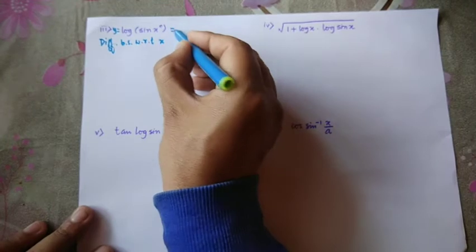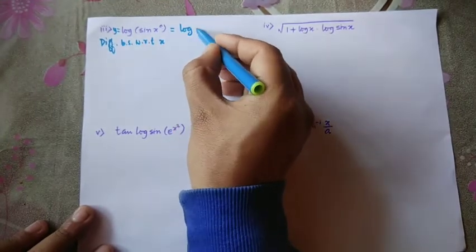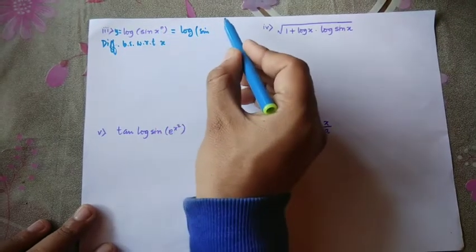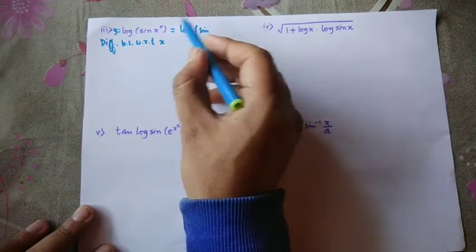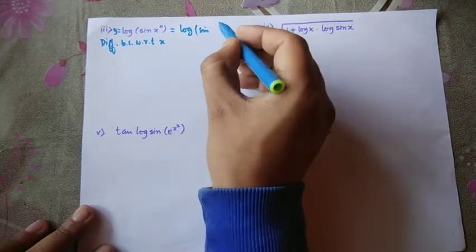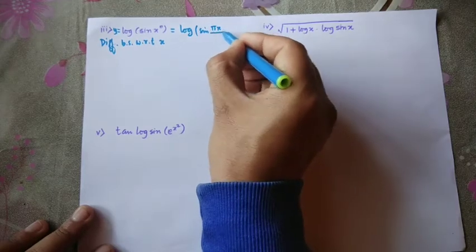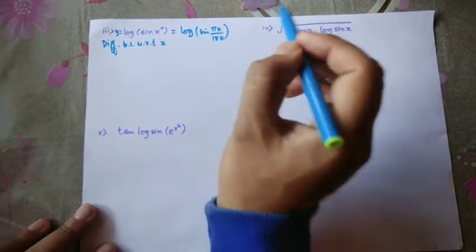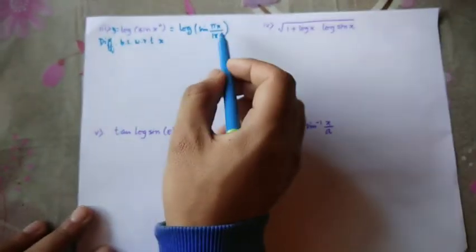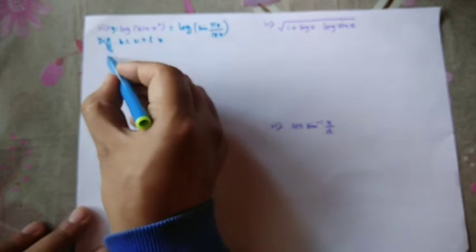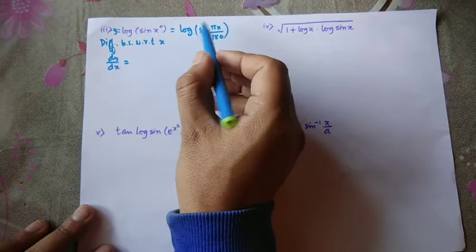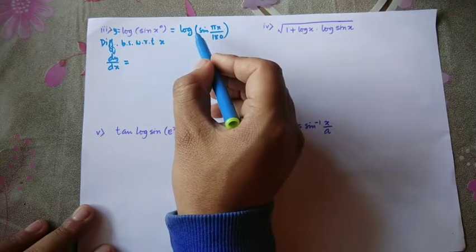So this can be written as log sine of, 1 degree is equal to pi by 180, so x degree will be pi by 180 into x, that will be pi x by 180 radian. So this is my y. Now since I am differentiating with respect to x on both sides, this becomes dy by dx. And as I said, in chain rule we have to come from outside.